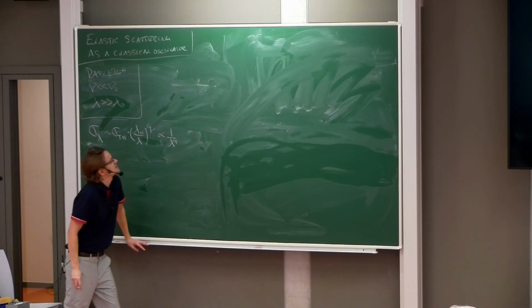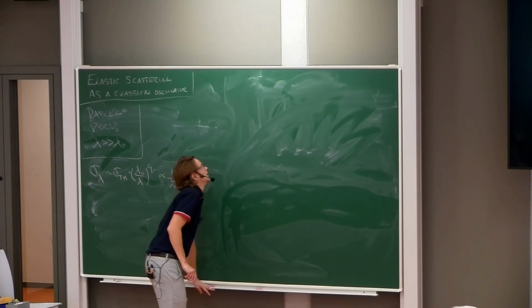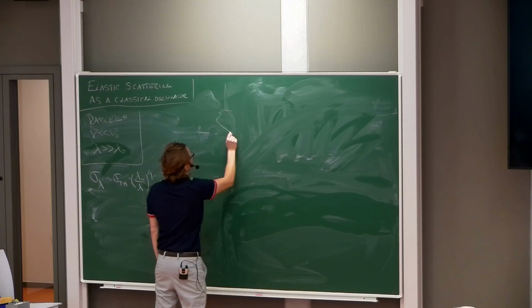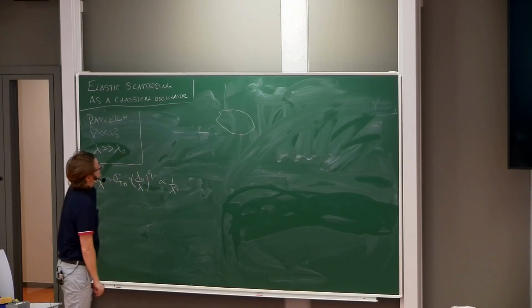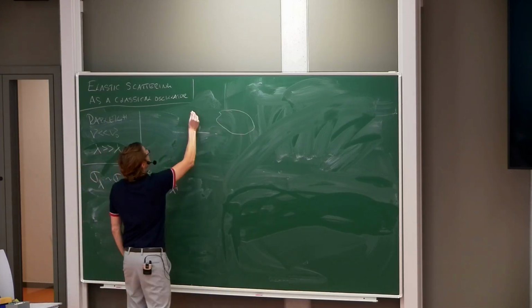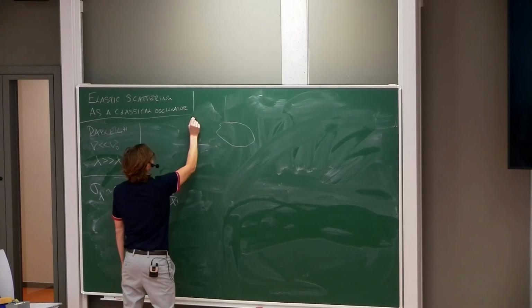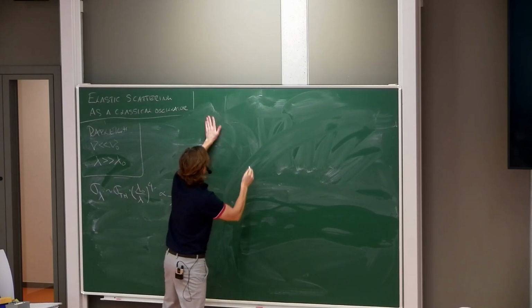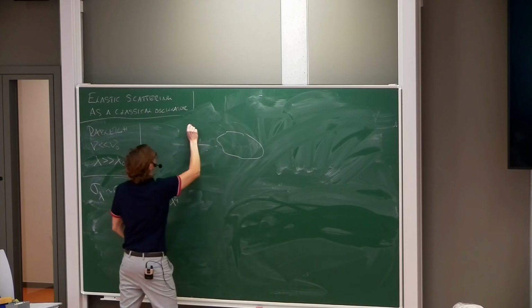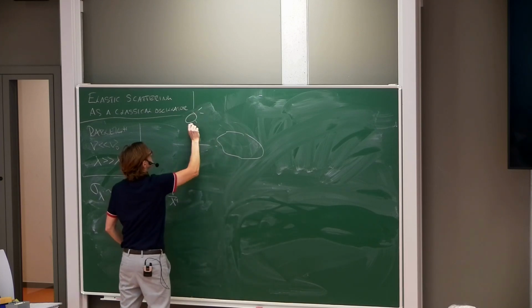All right, so let's take our example now. We have some sort of cloud here, say an atmosphere, and then we have an illuminating source somewhere. I'm going to place some illuminating source here.